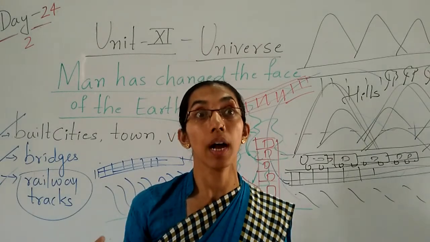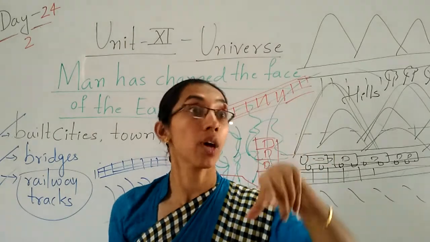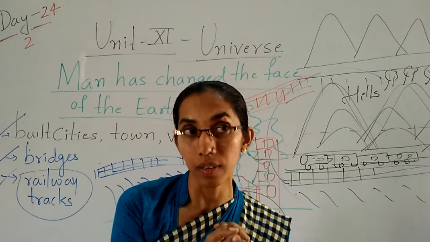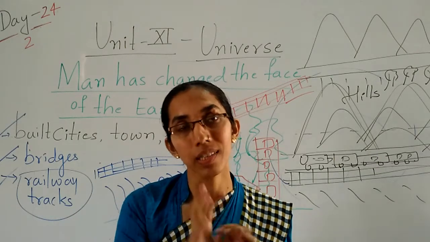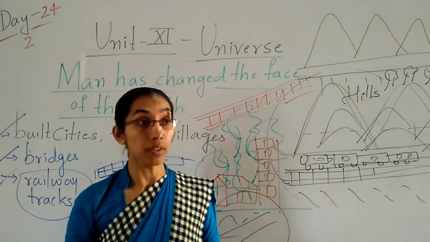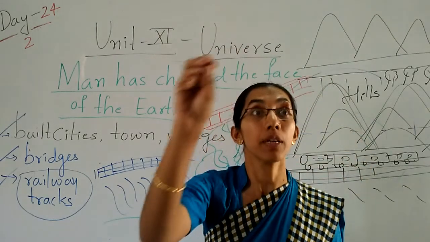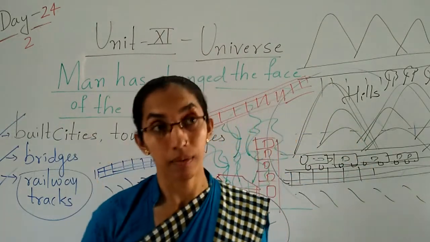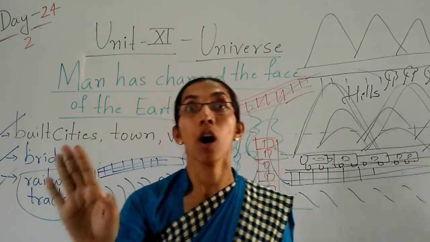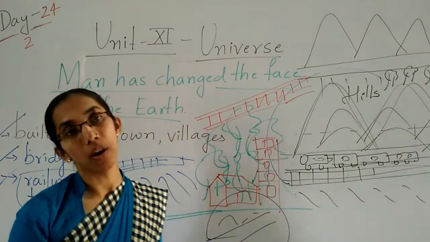We have 2 hands, 2 legs, 2 eyes, 1 nose, and they also have the same thing. But what changes is the languages, dresses and colors. So how many countries are there on our earth? They are different from each other. Human beings are the same, but the way they talk, they dress, and the color is different.